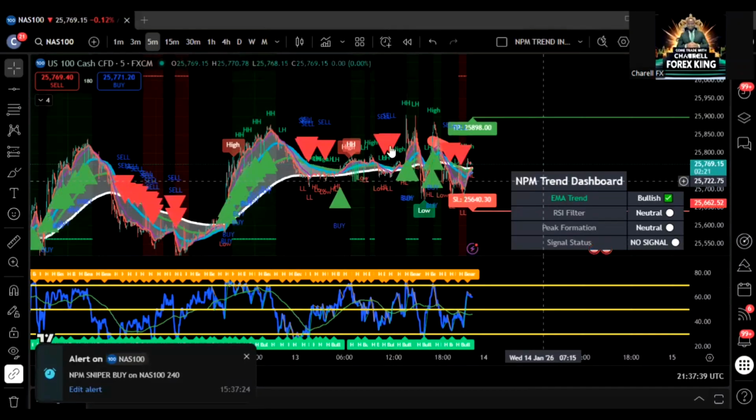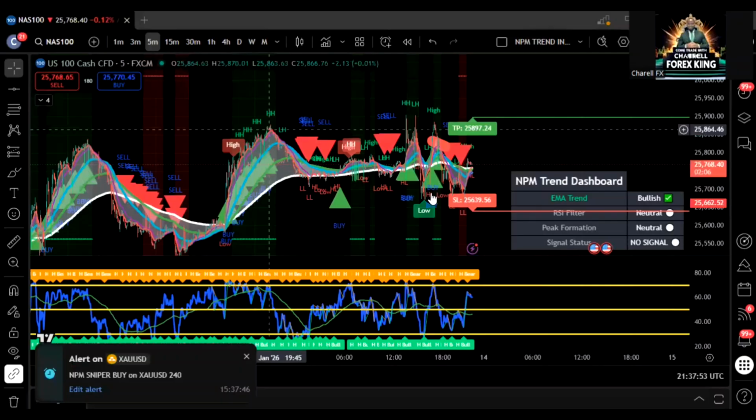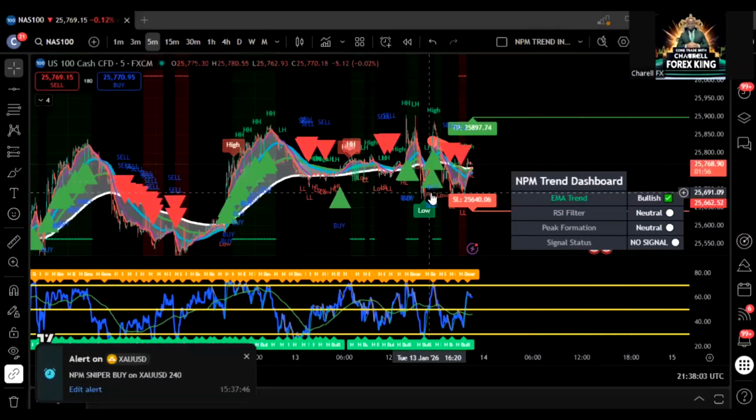And if you want the MPM trend indicator, it shows you the exponential moving averages, if it's going in a buy or a sell trend, going up above the EMAs or below the EMAs. And the MPM trend dashboard comes with the arrows. You see this red arrow and the green arrows, and it gives you alerts. This is what I would use if I was to start off as a beginner in 2026.